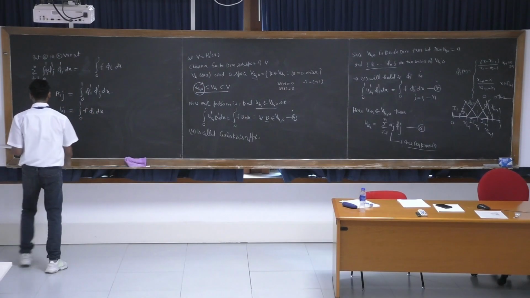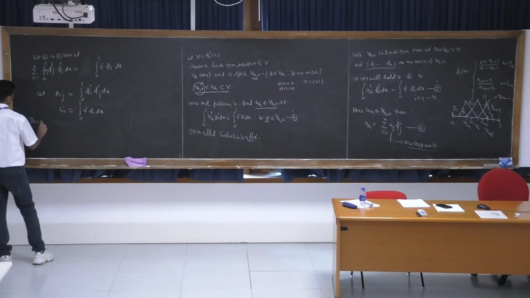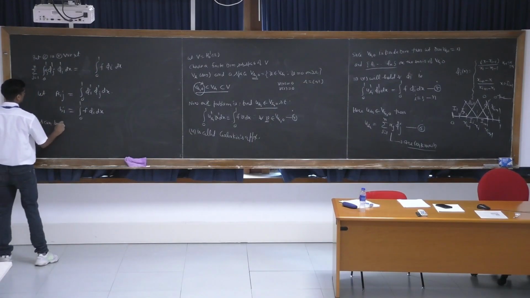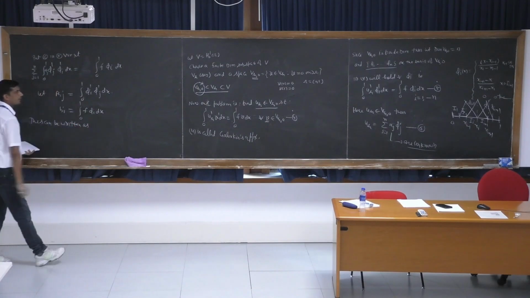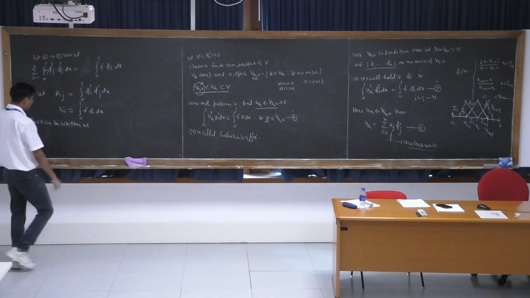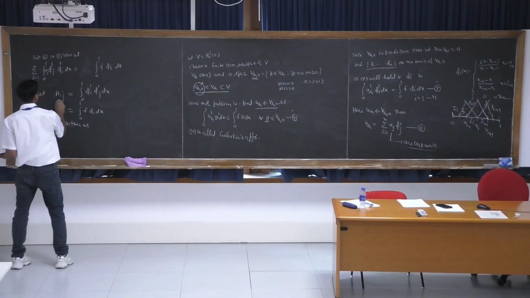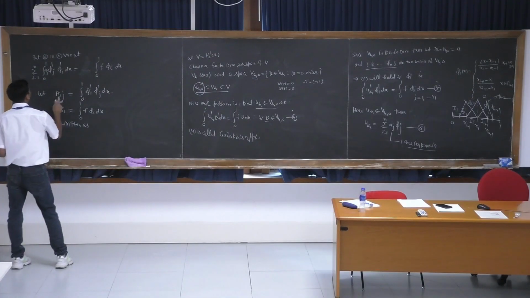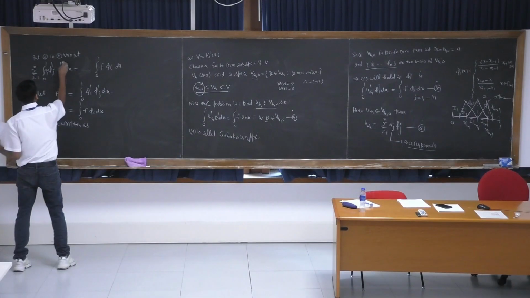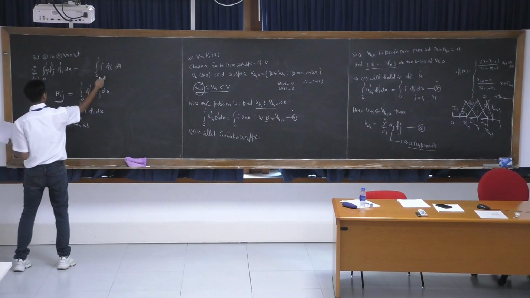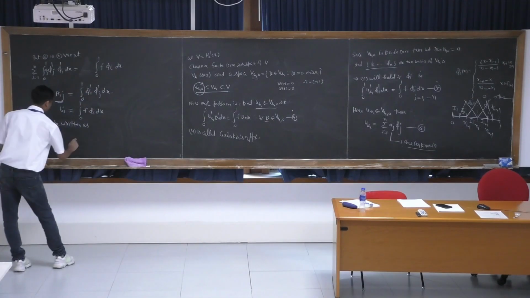So this can be written as A_ij, because this is A_ij and this is b_i.